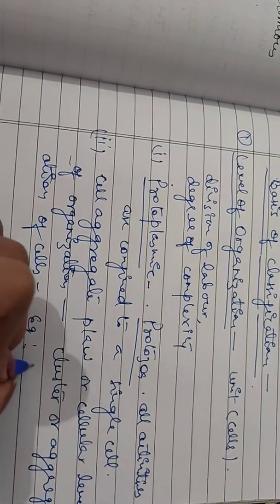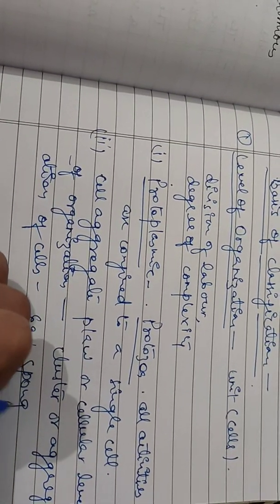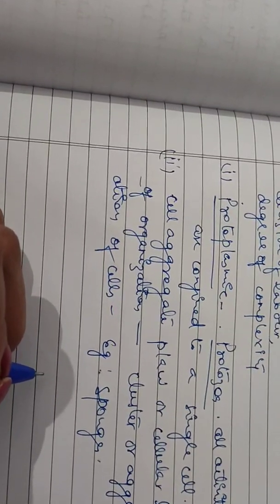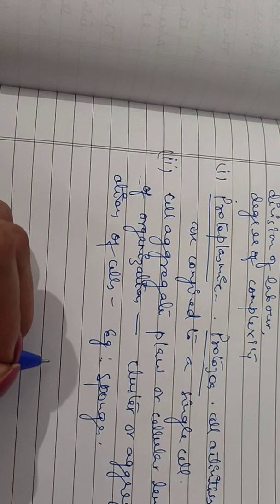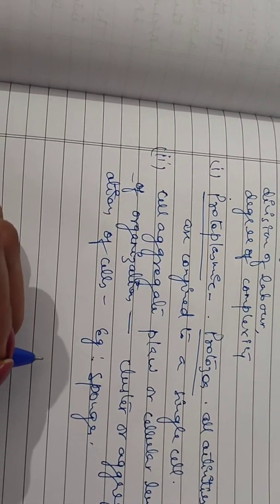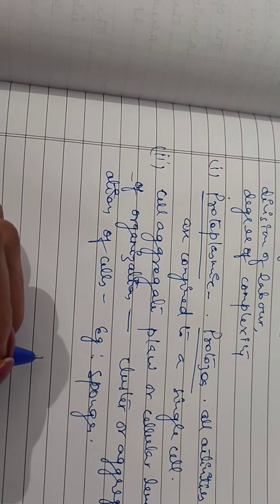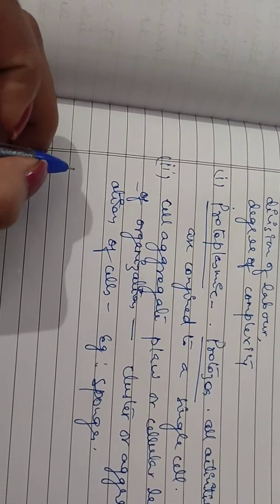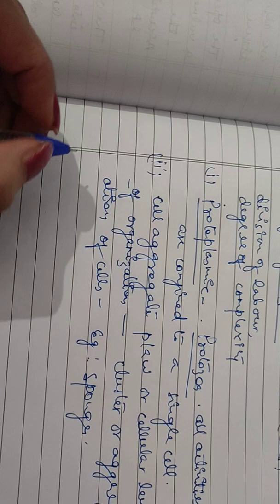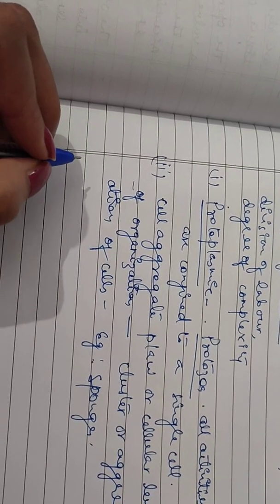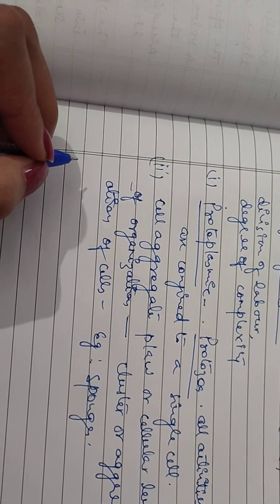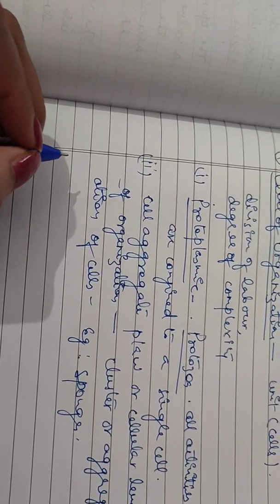For example, sponges, or phylum Porifera. The aggregation of cells where differentiation has occurred at the cellular level represents the cellular grade of organization, and this involves division of labor in some cells which are concerned with reproduction and others with nutrition.